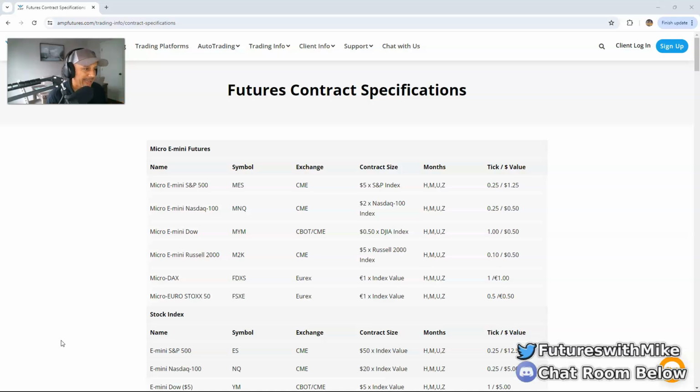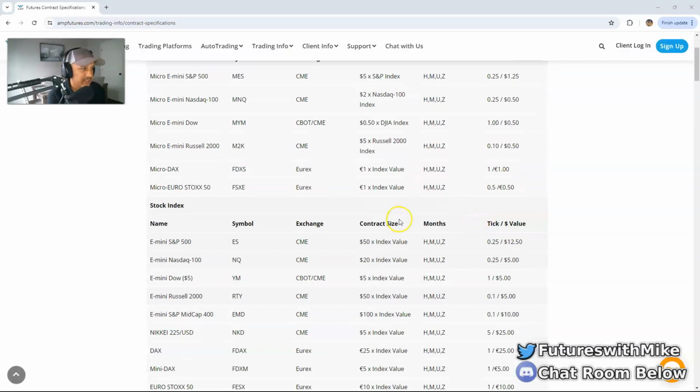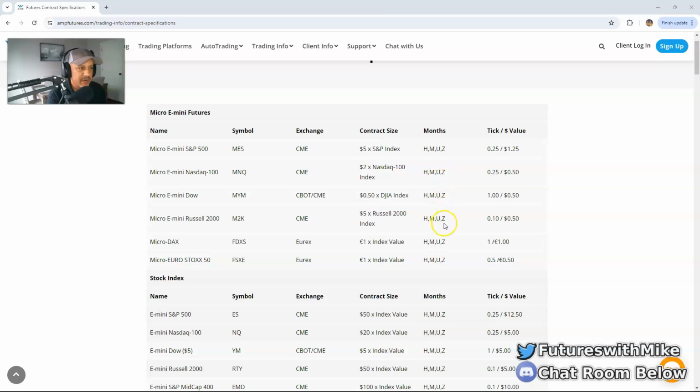When it comes to the equity markets or the indices, we're talking about whether it's the micros or the full-on E-minis, it could be the NASDAQ, the Dow, the Russell, the S&P 500. Primarily, right here, for example, I'm going to show you. You see the months right here?